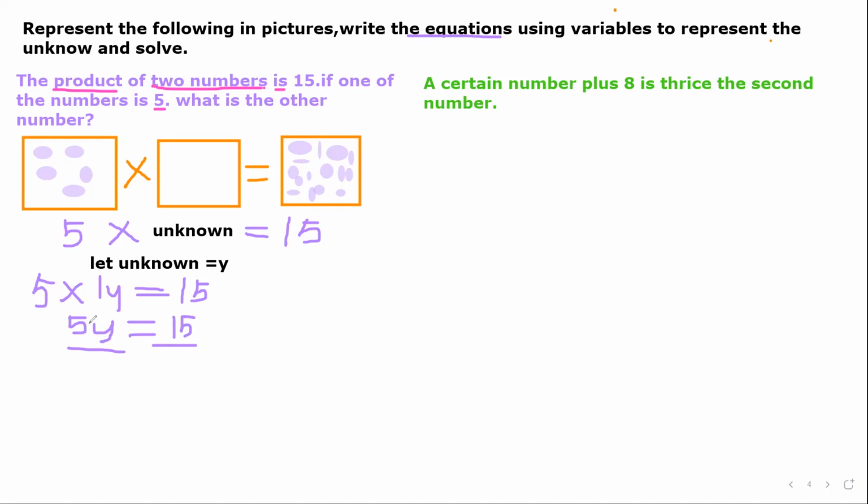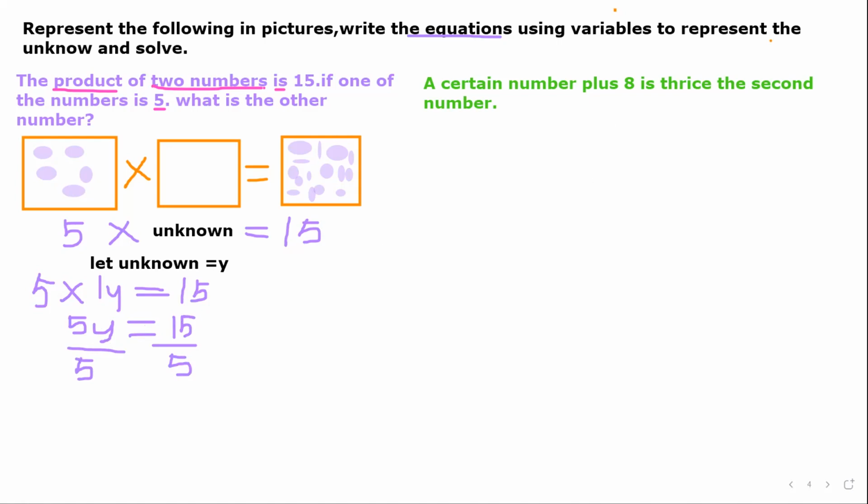The y is attached by a certain number, so you have to remove that number from the y. Therefore, any number attached to a letter, if you want to remove it, we use division to remove that, okay? So here, we divide both sides by 5, and this side too by 5, because of the equal sign.